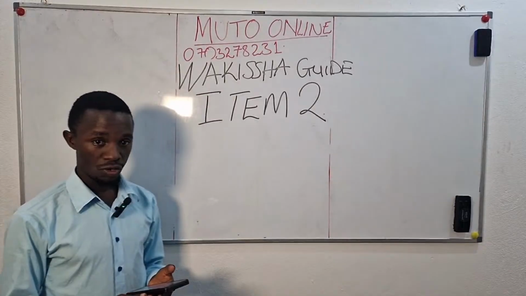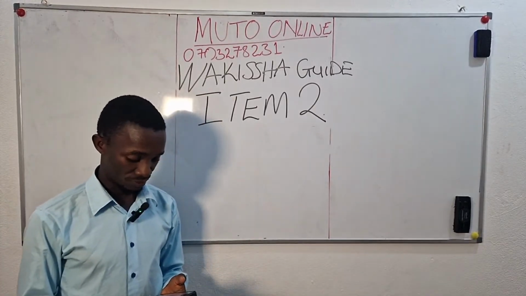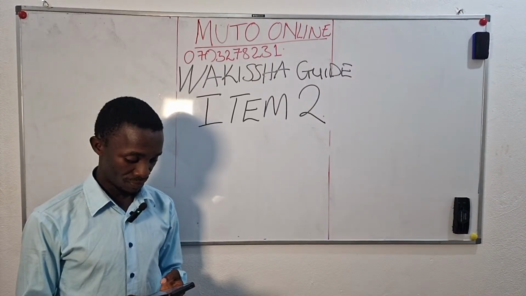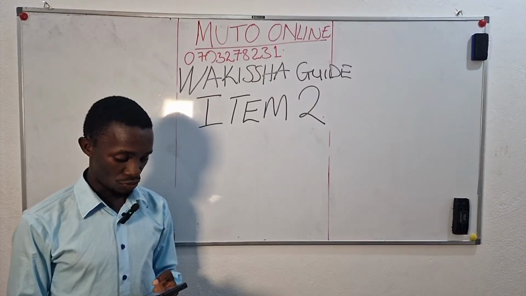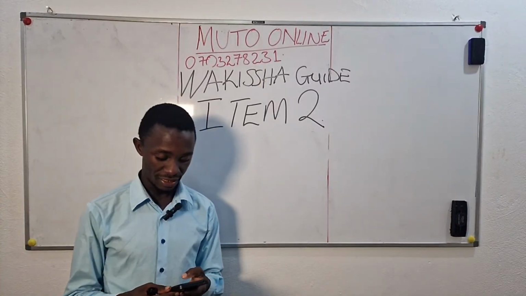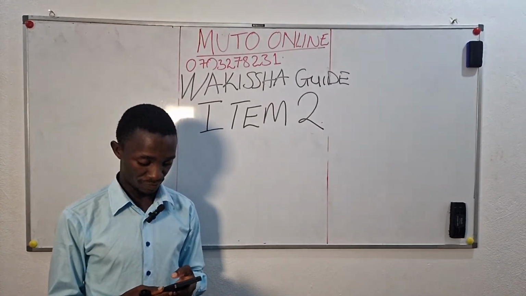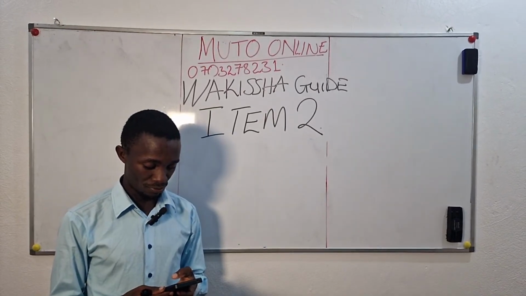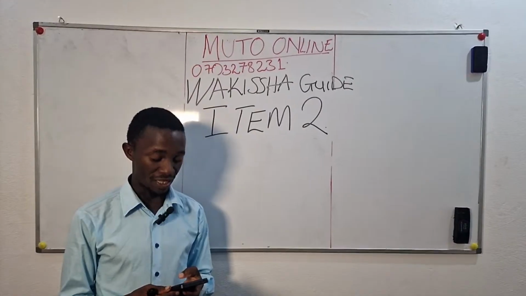Item 2, for those who don't have it, goes: of late, there has been outbreak of fire in crowded places like in the market. This has prompted people to buy fire extinguishers.